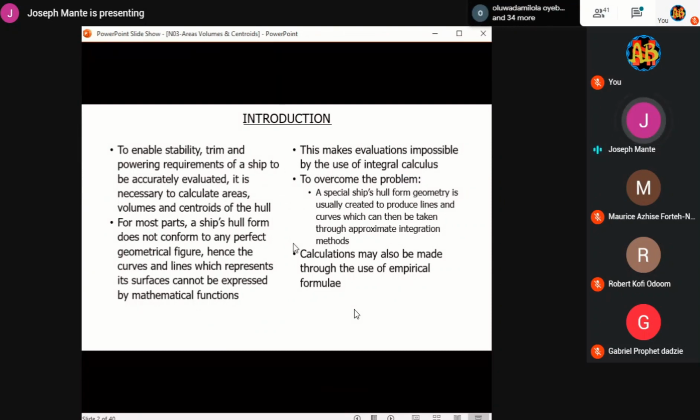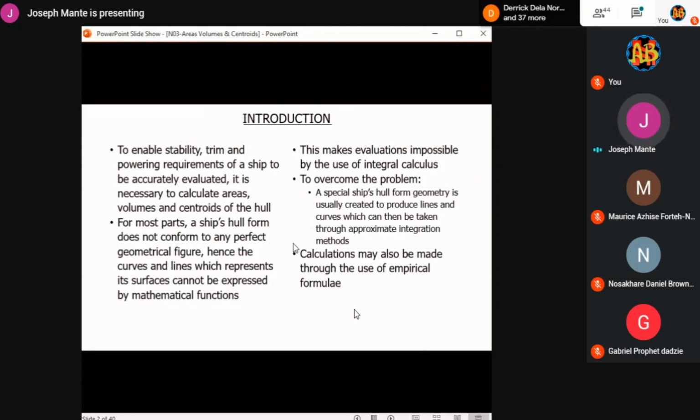If someone tells you that they want the vessel to carry maybe 50,000 tons of cement, you have to know the volume that can actually hold this 50,000 tons. You also have to know the area, the length, the breadth, the width, and all that before you go on for the calculation. To enable stability, trim, and powering, you have to calculate the area, the volume, and the centroid of the hull. These are the basic things you have to calculate before you go on.